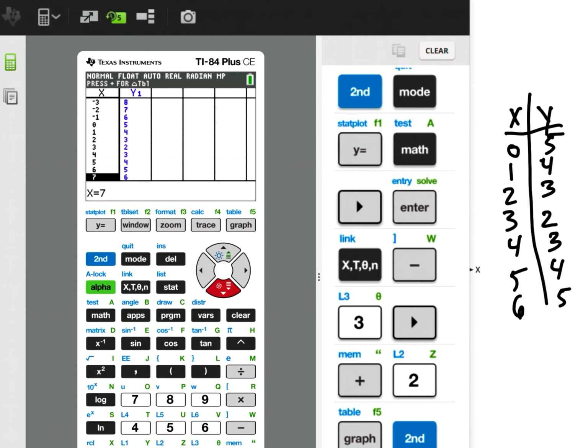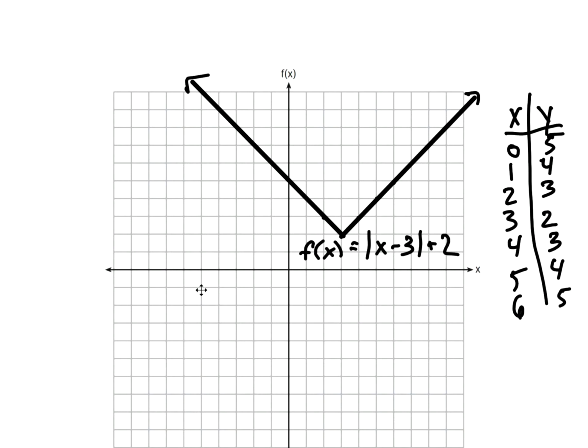Draw your line. I would use a ruler if you have one. Arrows on the end. And then make sure you label it. That'll be f of x is equal to the absolute value of x minus 3 plus 2. And it should look like that.